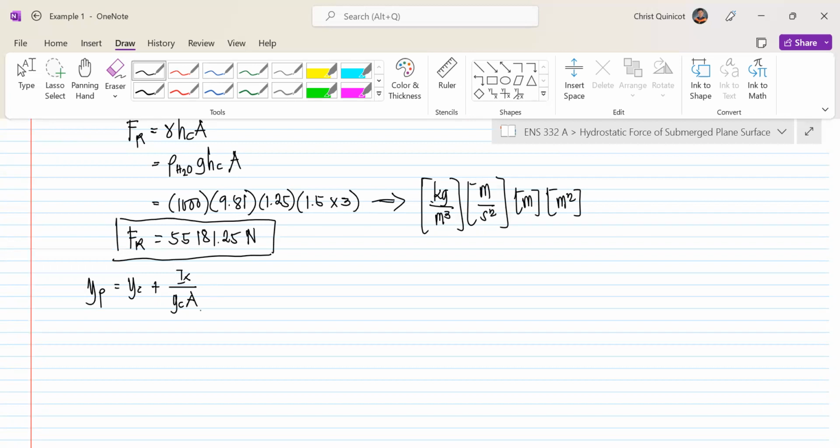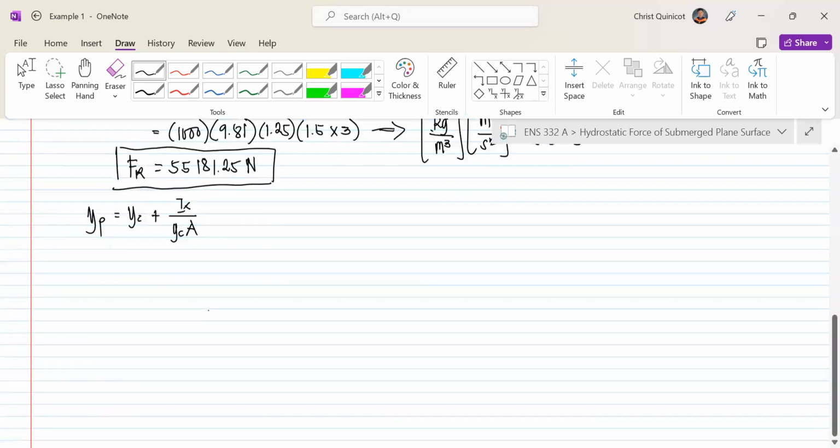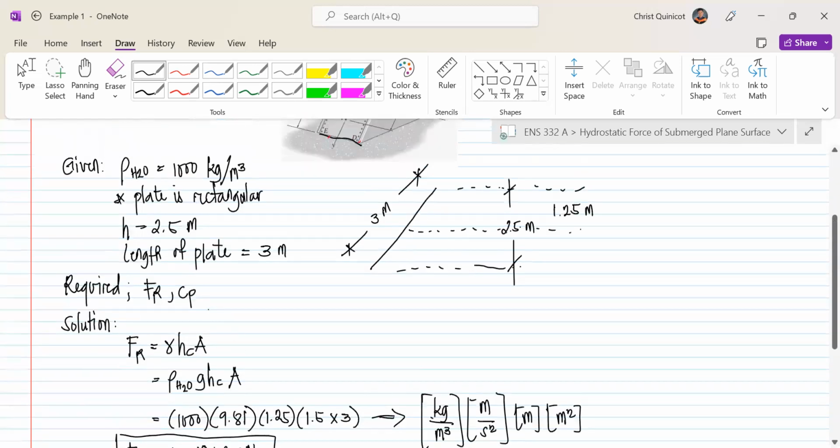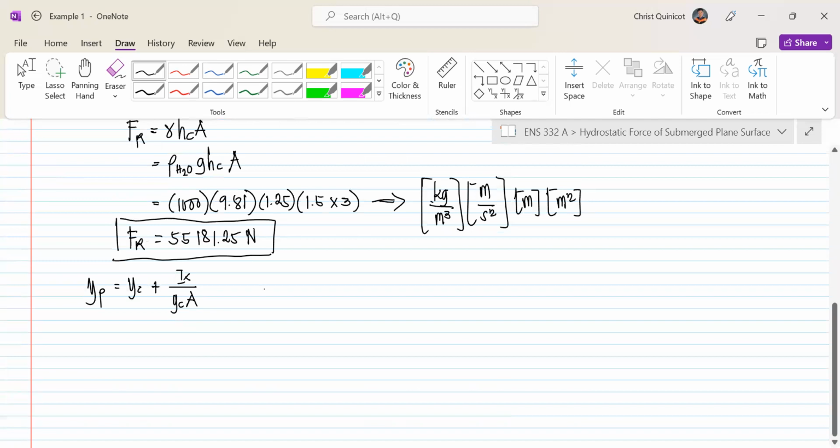So you make use of that file, and provided in there is the moment of inertia for a rectangular plate, and that is I sub x equal to 1 over 12 base times a cube, meaning a is the height. Now, I believe that reference uses 1 over 12 a b cubed. Don't worry, these are just variables, so they can be interchanged.